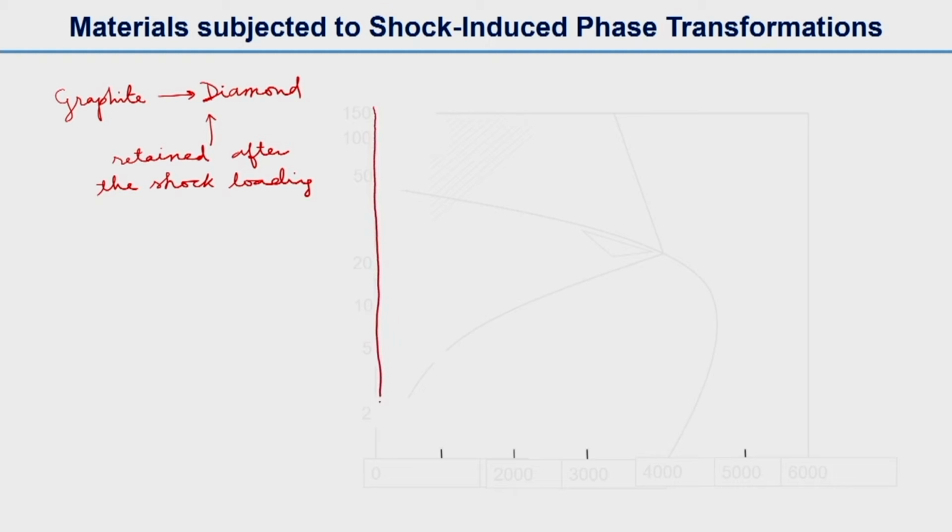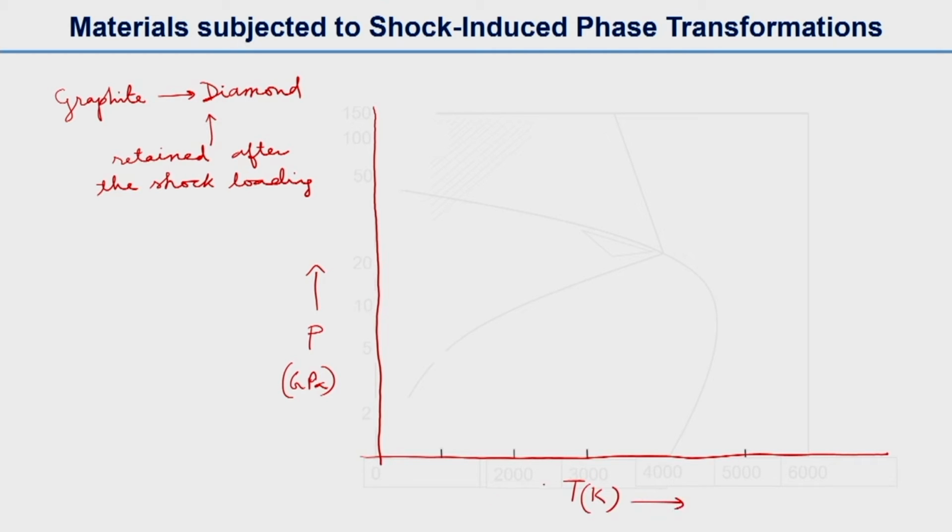Before going to the details, we will see how the unary phase diagram of carbon looks. If we have pressure in gigapascal on the y axis, and temperature in Kelvin on the x axis, suppose we are writing 2 gigapascal and 6000. The phase diagram looks something like this.